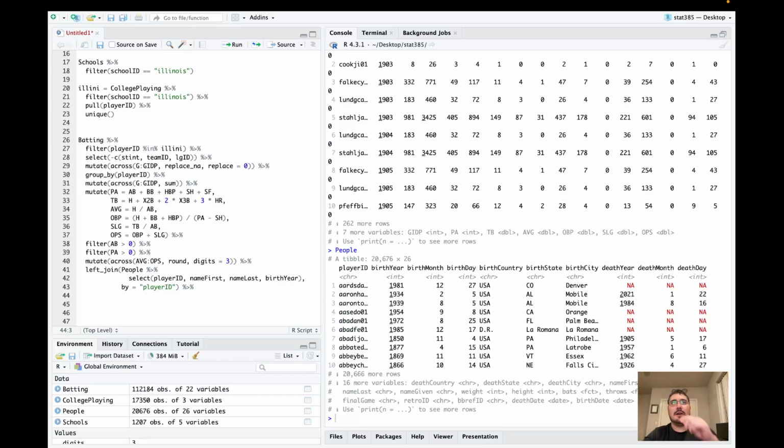Okay, so if I do this, this is going to take these variables and put them at the end of the thing that I want. So I am going to do another thing. Select, and I'm going to do player ID, name first, name last, birth year, and then that everything trick. And then everything else would just join in its original order.